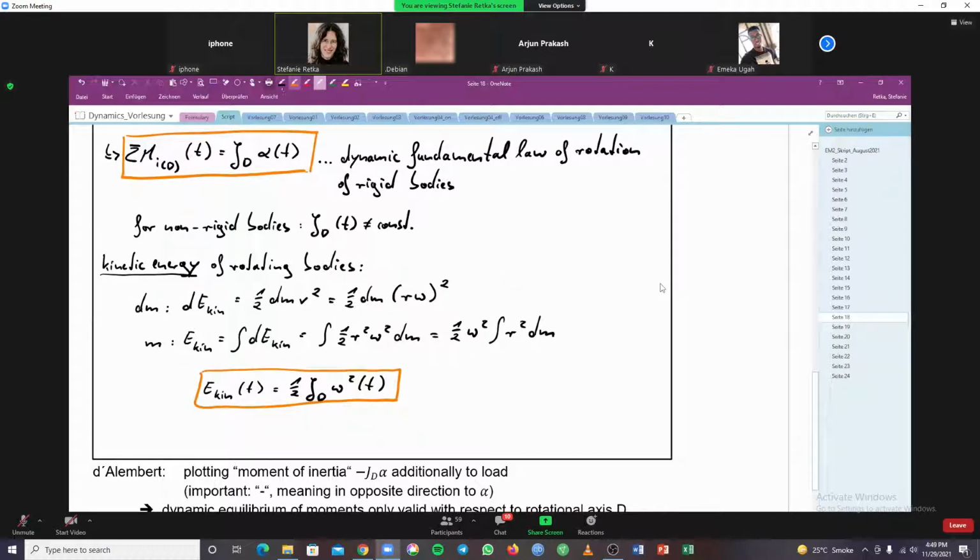This velocity would be the absolute velocity of the point mass that we calculate. Yes. So it could be the velocity due to translation or due to circular motion, or if it's a general motion, then the absolute velocity of this motion.